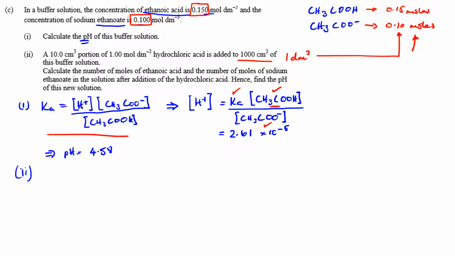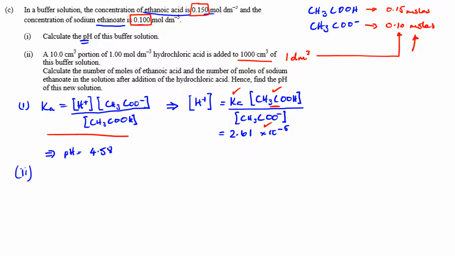And they're going to make more of the ethanoic acid. All right, so I'm just going to repeat that for you. When you add the hydrogen ions, those hydrogen ions react with the ethanoate ions and make more ethanoic acid. With that in mind, we're going to work through the numbers now.